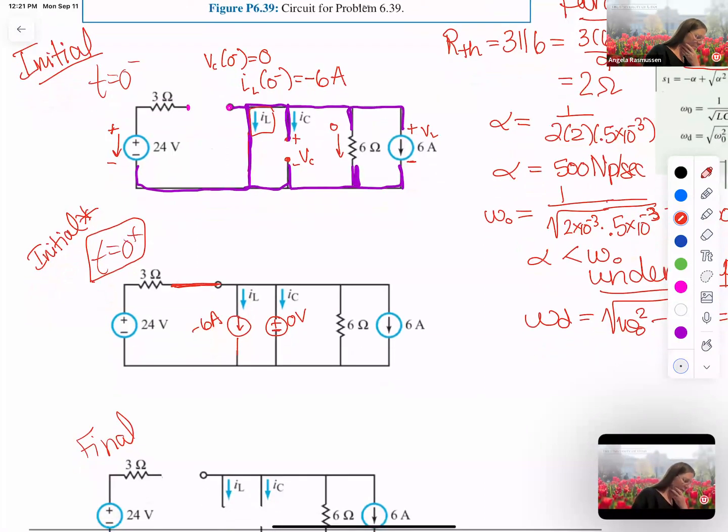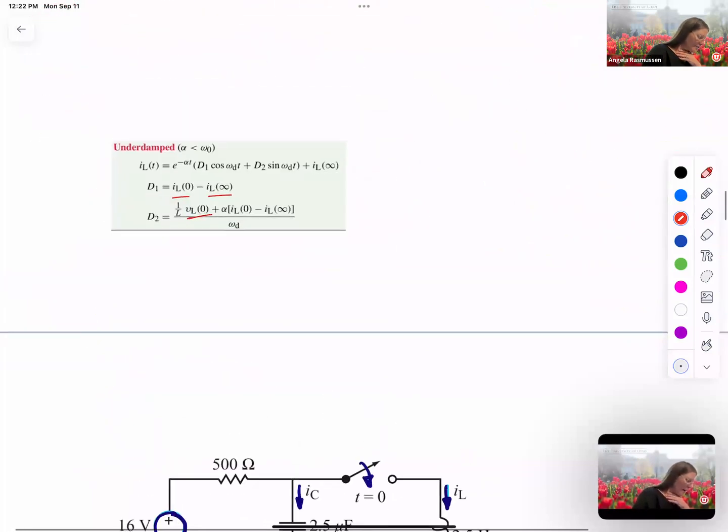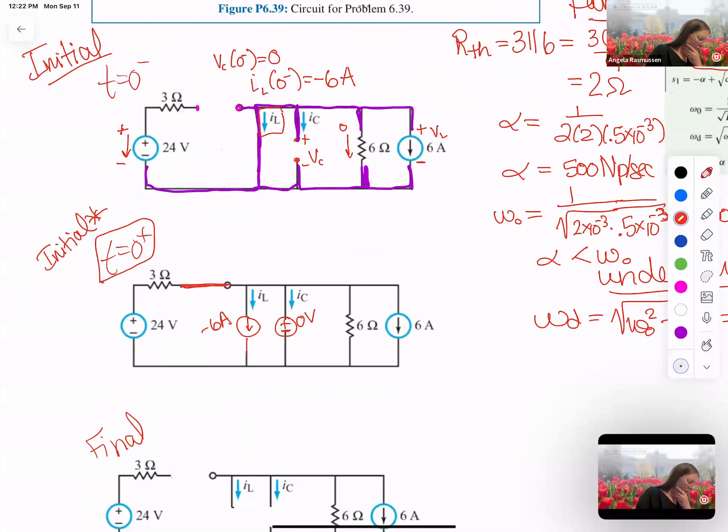Okay, so from this, my initial values, I needed to find IL0, IL infinity, and VL0. So VL is going to go in this direction for polarity. And what will that be? You have to solve it.